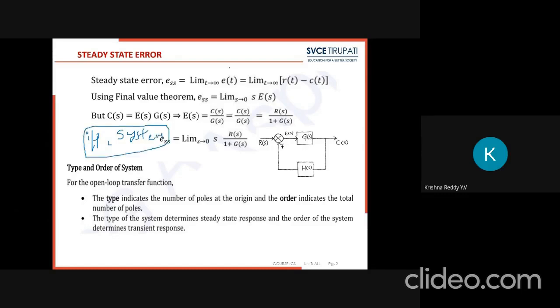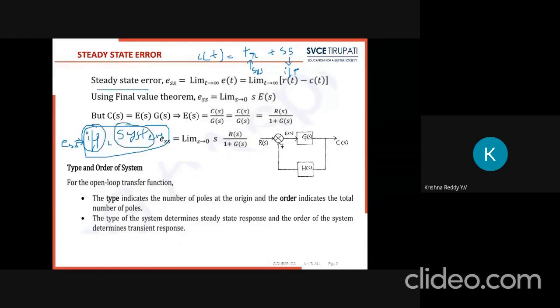The time response is nothing but the summation of transient response and steady state response. The transient response depends upon the system, and the steady state response depends upon what type of input we are given. But the steady state error depends upon both input and system.